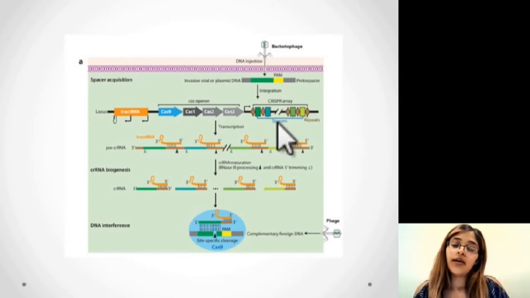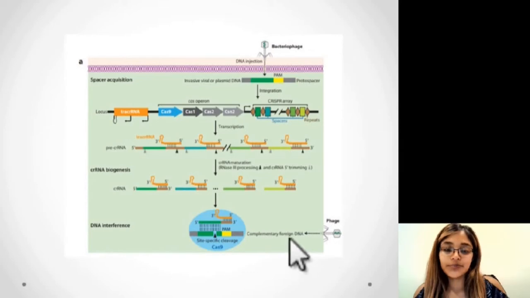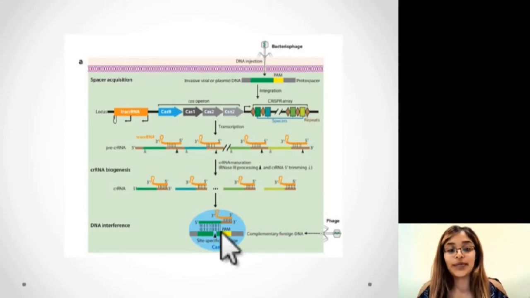So when this virus comes again and injects its genome into the bacteria, the bacteria can now recognize what is being inserted, and it activates Cas9, which will come and cut the sequence, therefore killing the virus and not letting it replicate.